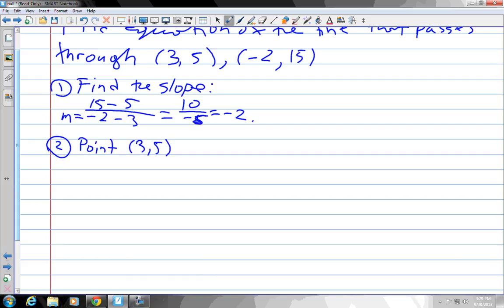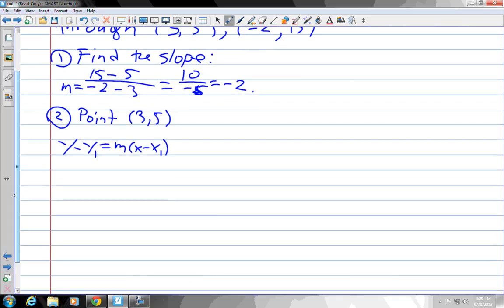But if you're using the point 3, 5, and you're starting with the point-slope form, we can plug everything in. We'll get y minus 5 equals negative 2 times x minus 3. Is that okay? 5 for y1, negative 2 for m, and 3 for x1.